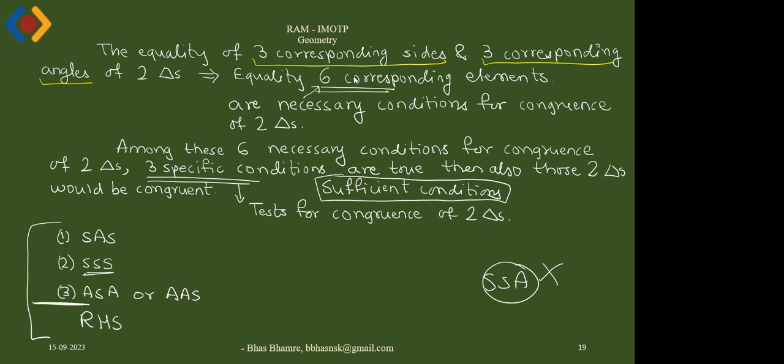Sir, basically, side angle side means there are two sides of both the congruent triangles that are similar to each other, two sides and one angle, and side side side means all three sides of both the triangles are similar to each other. Wait, the word similar is not correct there.